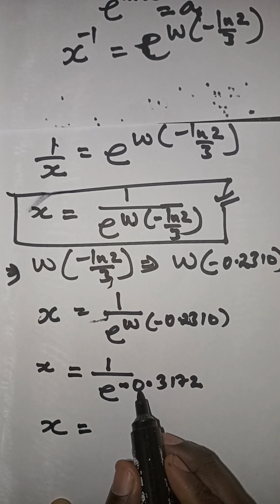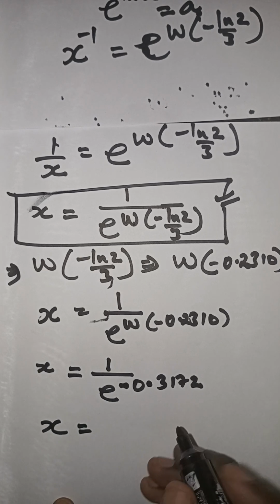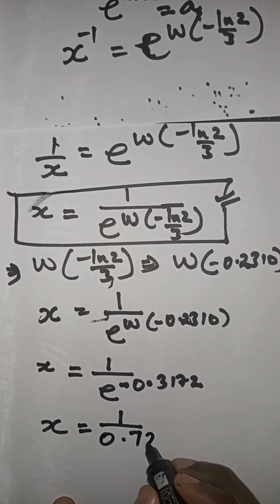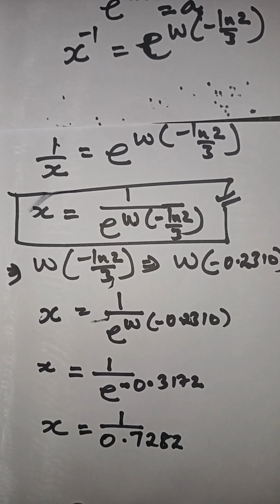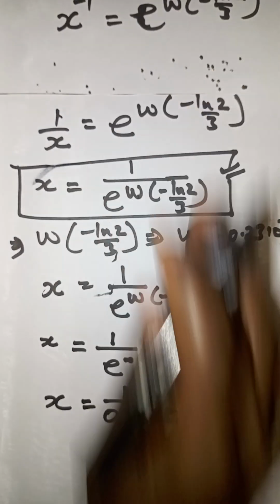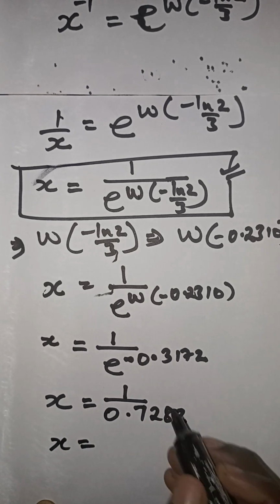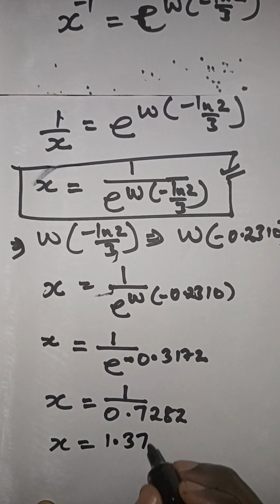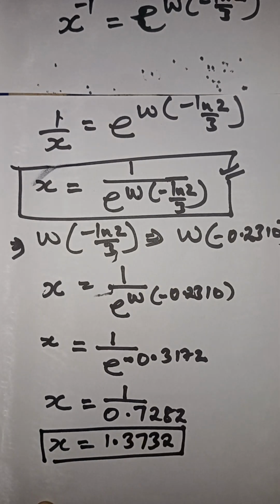The exponent of negative 0.3172, if you compute it clearly from your scientific calculator, I'm going to get 1 over 0.7282. Of course, I'm just using up to 4 significant figures. There are other values, so I'm just taking the approximate value to 4 significant figures. Taking the inverse of this, or 1 over this, you get your final solution as 1.3732, which is the same as the other one.